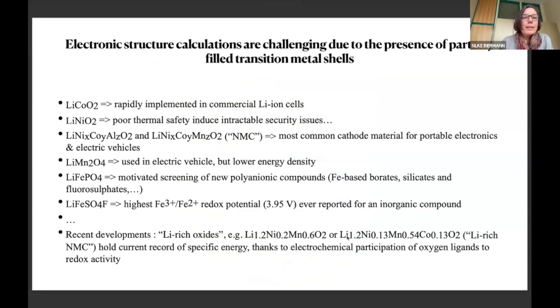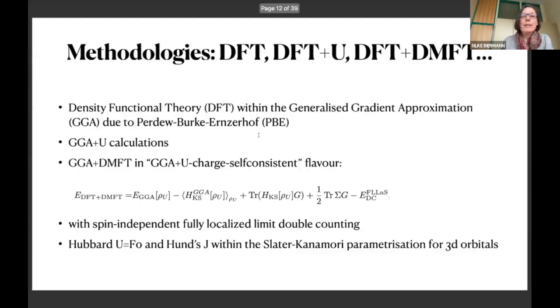Okay, going back to the list of materials that I've shown you. As people here on Zoom for quantum materials, correlated materials, what we are all striving with is that any of these materials involve partially filled transition metal shells. And that means when you want to do electronic structure calculations for those, you need to take specific care to include the correlation effects.